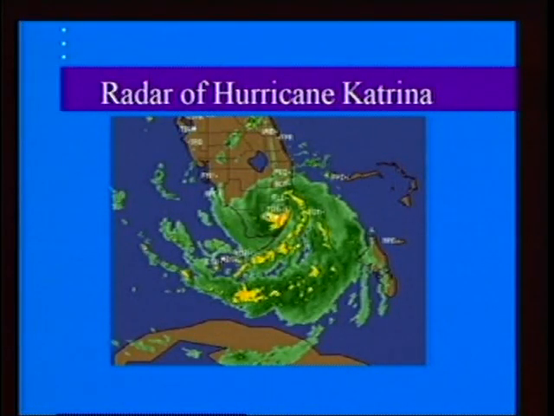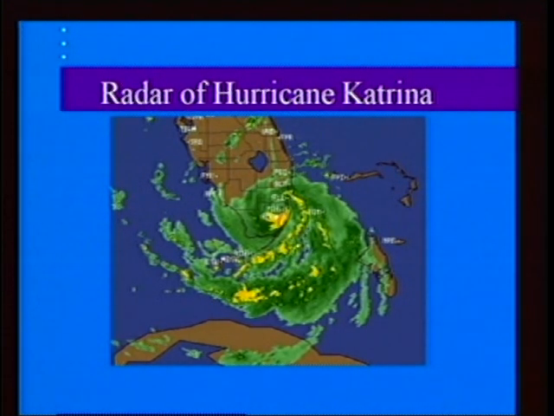And here is a radar of that hurricane that was moving through Miami. It was a minimal hurricane, a Category 1 hurricane that moved through Miami and did some significant damage, several $100 million worth of damage from the system from flooding and the high winds.